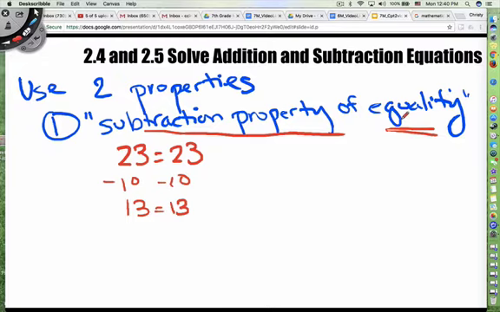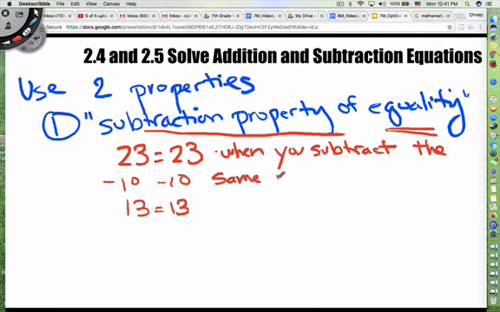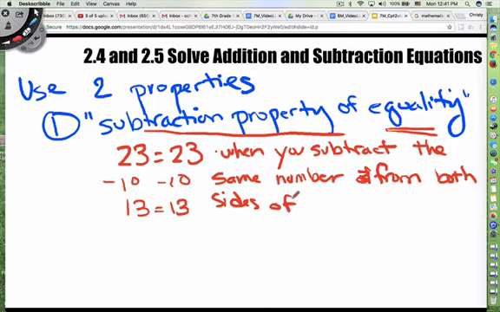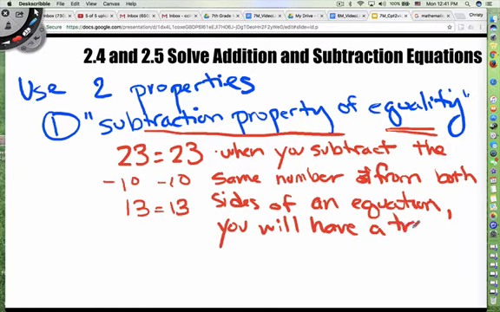Okay, so it says when you subtract the same number from both sides of an equation, you will have a true statement, which is what we just learned in the last section, a true statement.